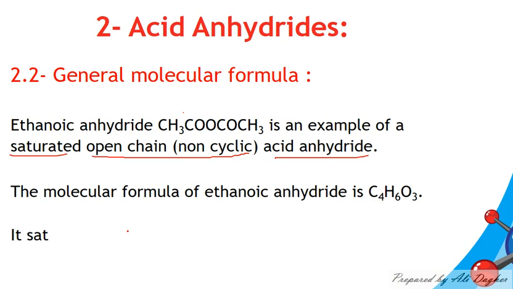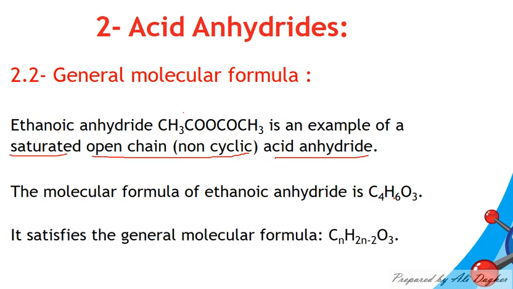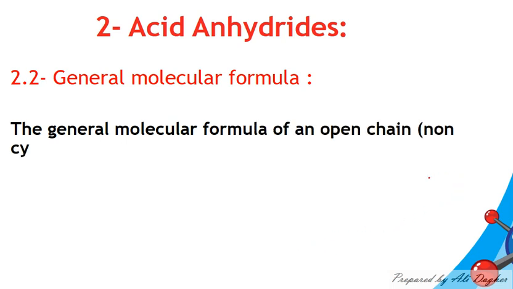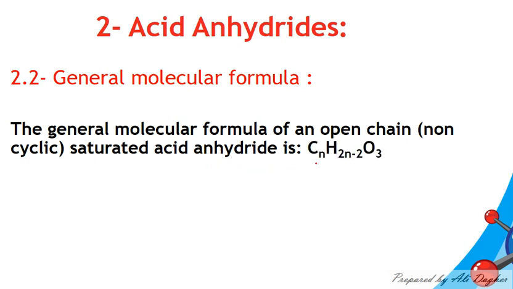Therefore, it satisfies the general molecular formula CnH2n-2O3. This is the general molecular formula of an open chain, or non-cyclic, saturated acid anhydride: CnH2n-2O3.